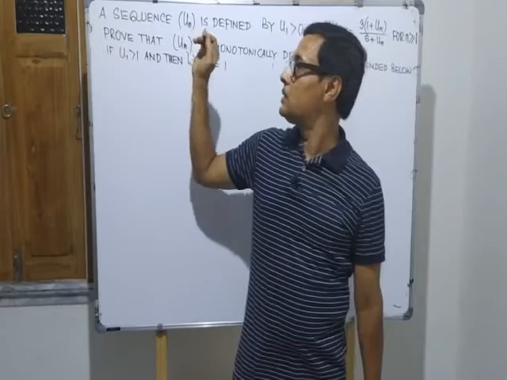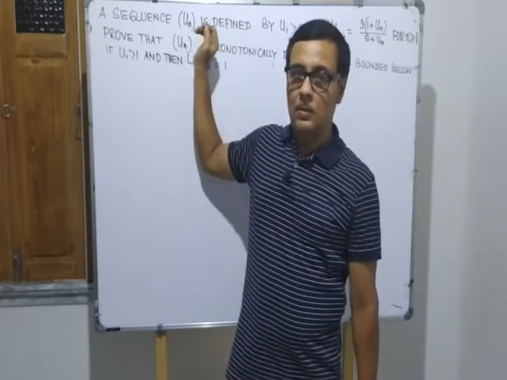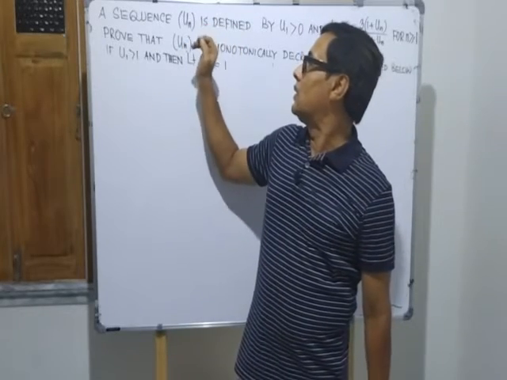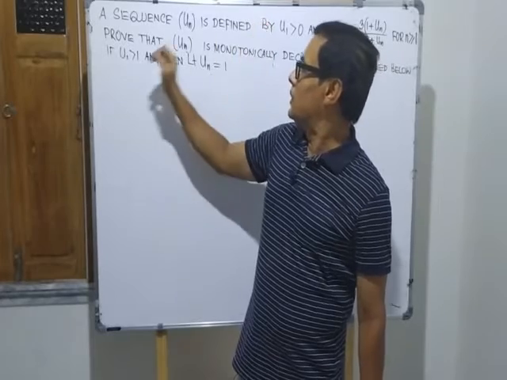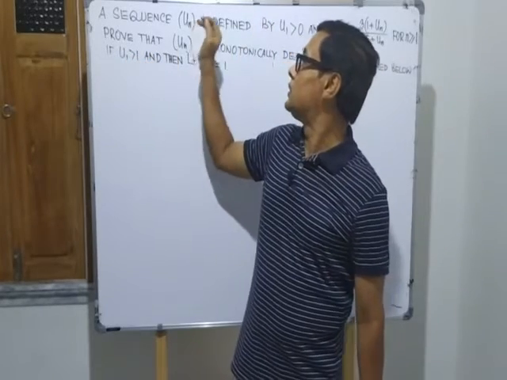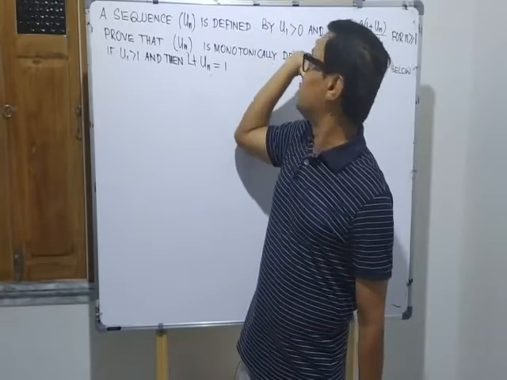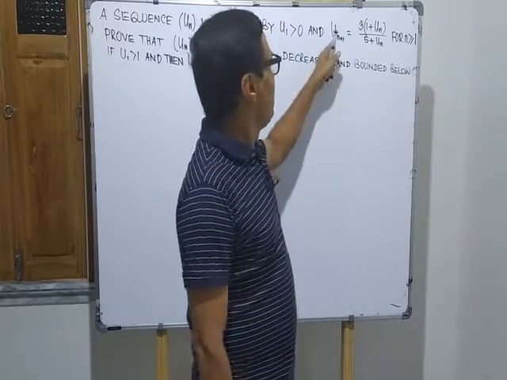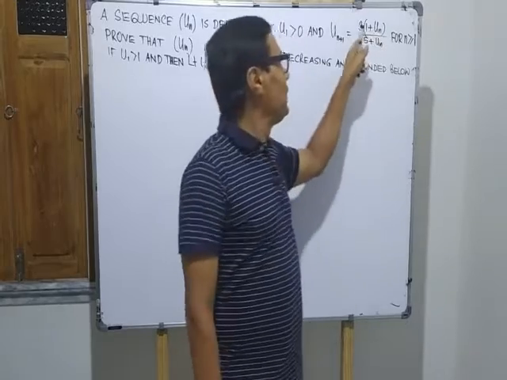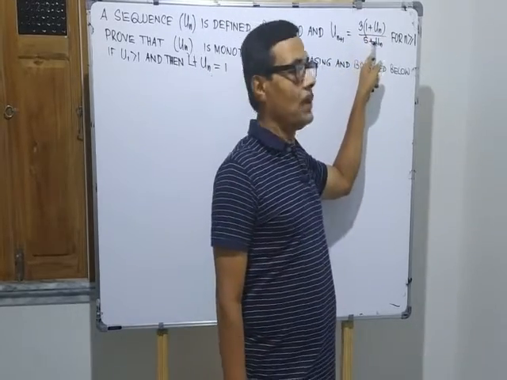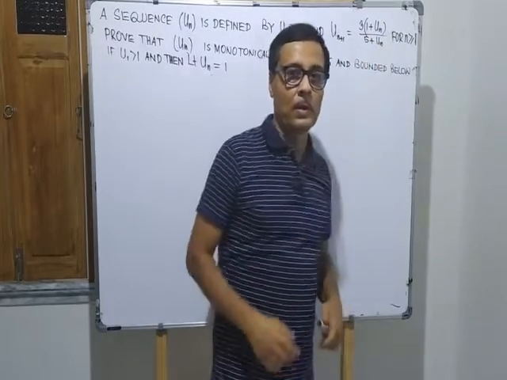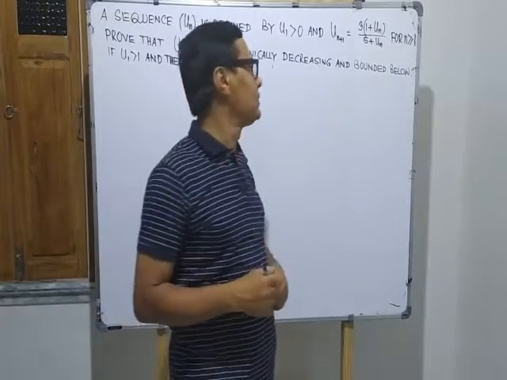There are two statements to be proved under the condition u1 greater than 1 for the sequence un defined by u1 greater than 0 and un plus 1 equal to 3 times (1 plus un) over (5 plus un) for all n greater than or equal to 1. Now let us start.